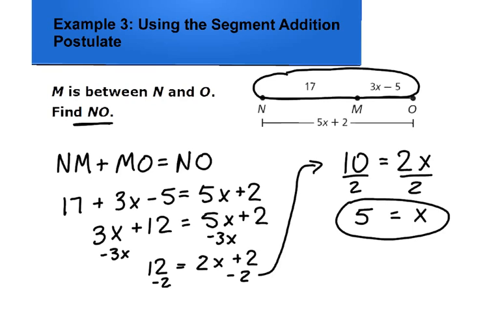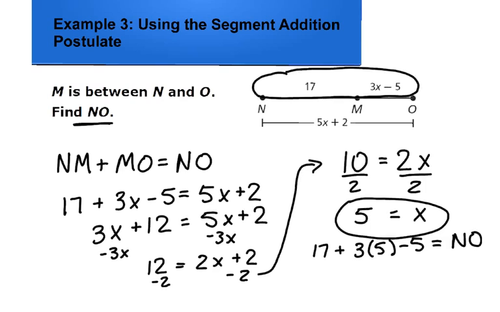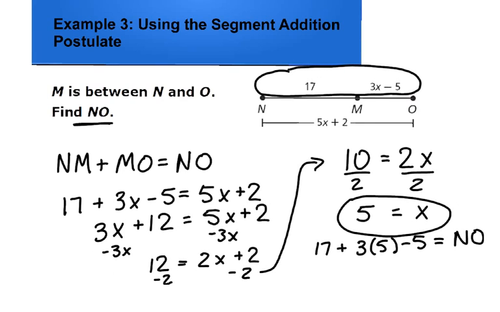So let's find that. 17 plus 3x, which is 5, minus 5 is equal to our NO. And when we add up and multiply all of those numbers together, following the order of operations, hopefully we get 27. And that is what our NO is equal to.